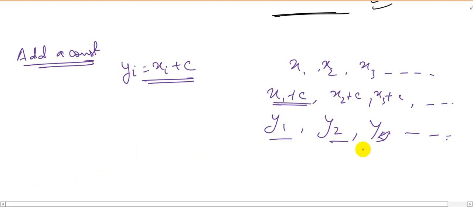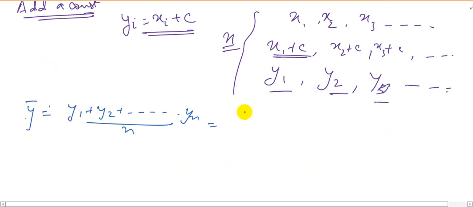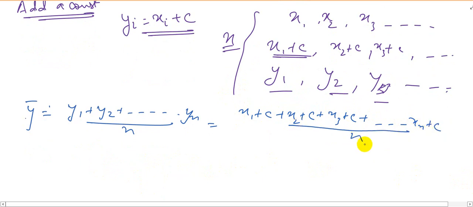It is a notable point that the number of values is n. So if we try to find the mean, let's take that mean to be y dash, which is equal to y1 plus y2 and so on up to yn, upon n. This is nothing but x1 plus c plus x2 plus c plus x3 plus c and so on up to xn plus c, upon n.